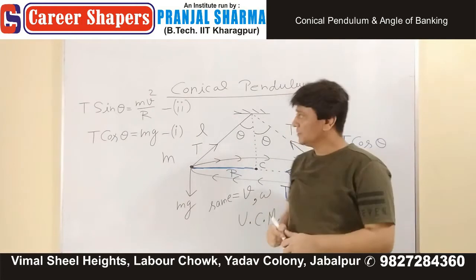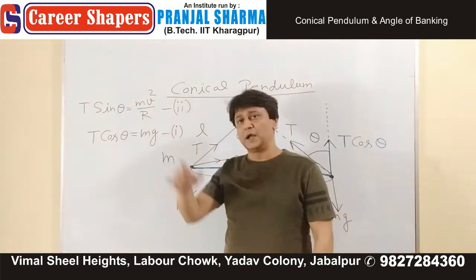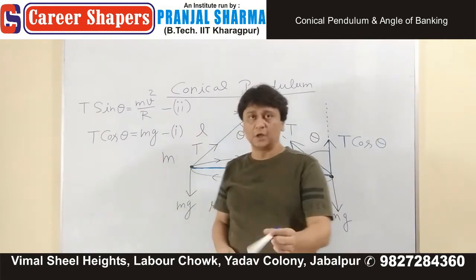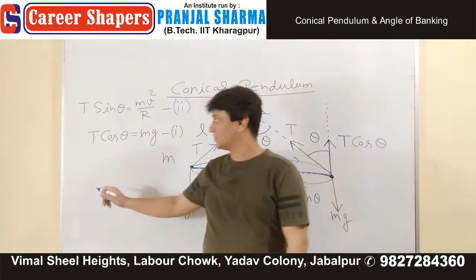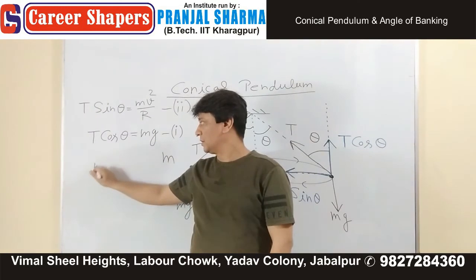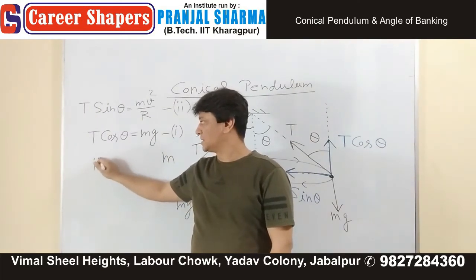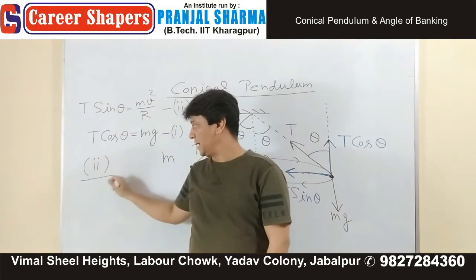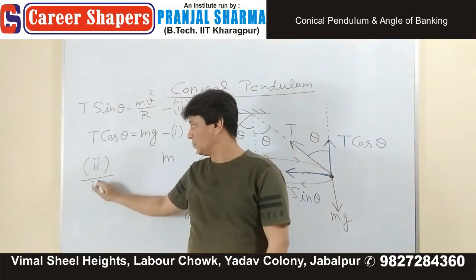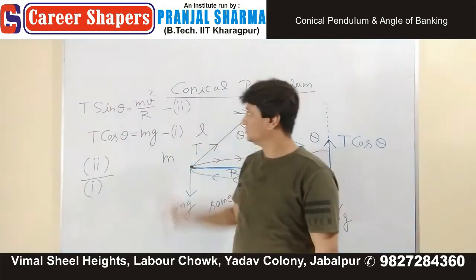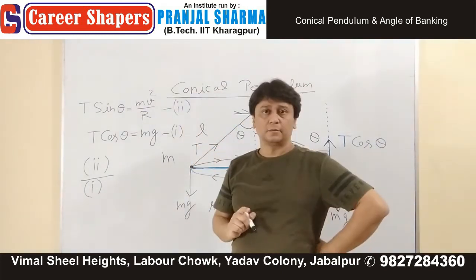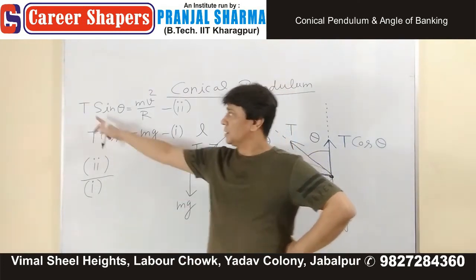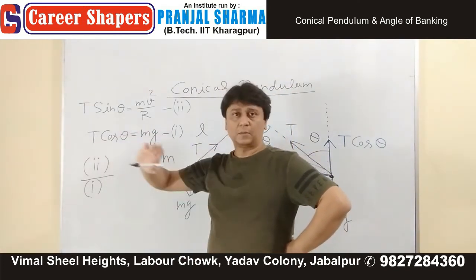Now, these are the two equations we are interested in. इसके बाद सॉल्व करने का तरीका क्या है? डिपेंड्स कि आप क्या फाइंड करना चाहते हैं. If you divide equation number 2 with equation number 1, T and T cancelled.